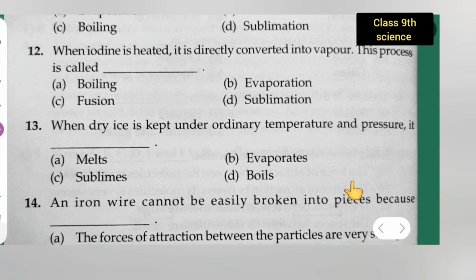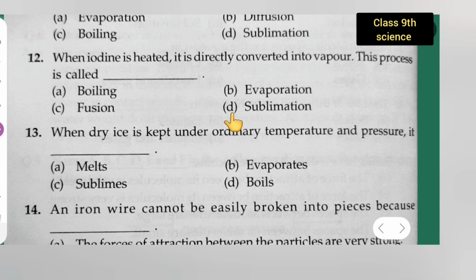Let me read it out first. When iodine is heated, it is directly converted into vapor. This process is called option A boiling, option B evaporation, option C fusion, option D sublimation. So option D is the correct answer, that is sublimation.